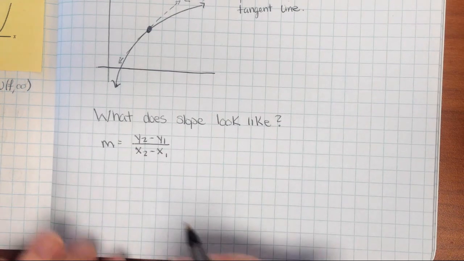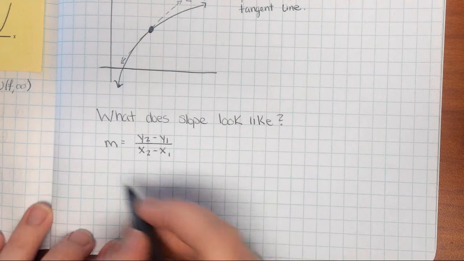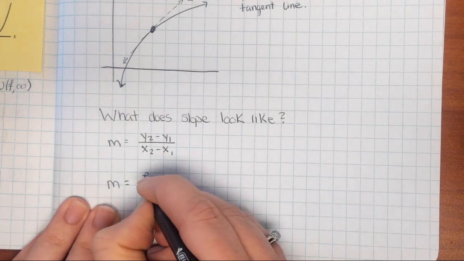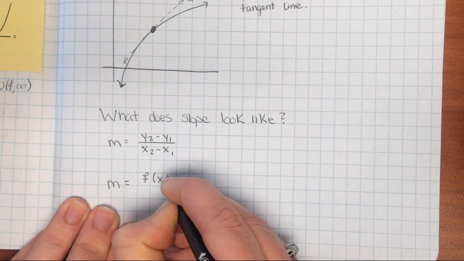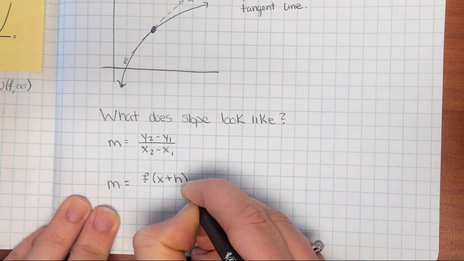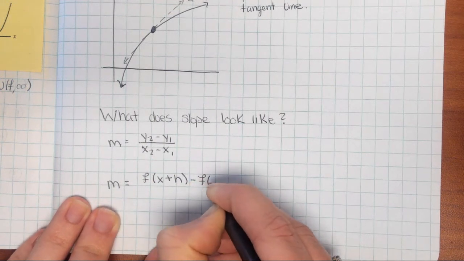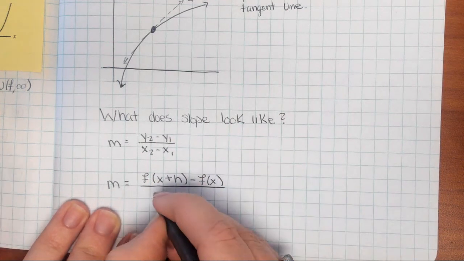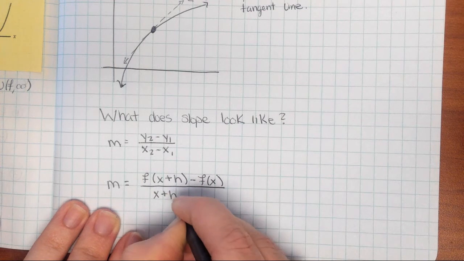So, we are going to say that the slope is equal to the function of x with a little bit of change of h, minus the function of x, all over x plus h minus x.